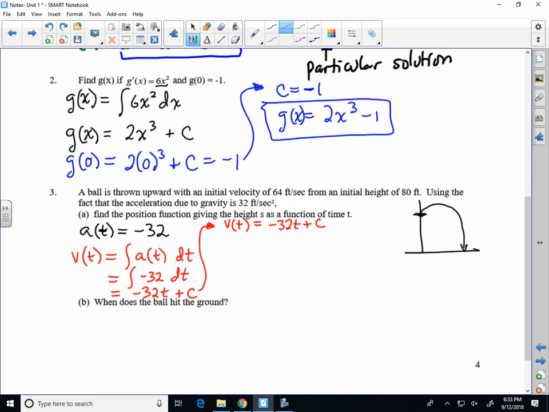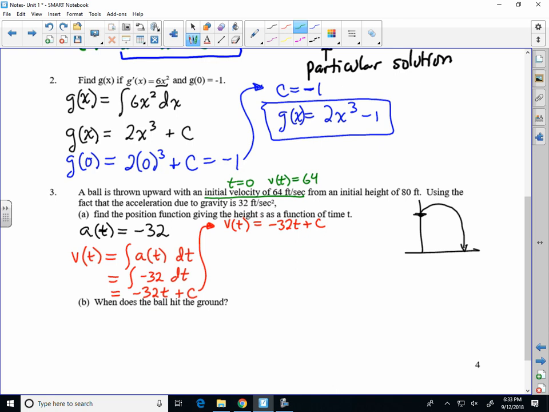Now, we have to figure out, because we have some conditions, what the c is going to be. And I'll show it algebraically, but you'll see after I show it algebraically that you don't really need to do algebra. It's saying that there's an initial velocity of 64 feet per second. All right? So that's telling me that when time t equals 0, your v of t is equal to 64.